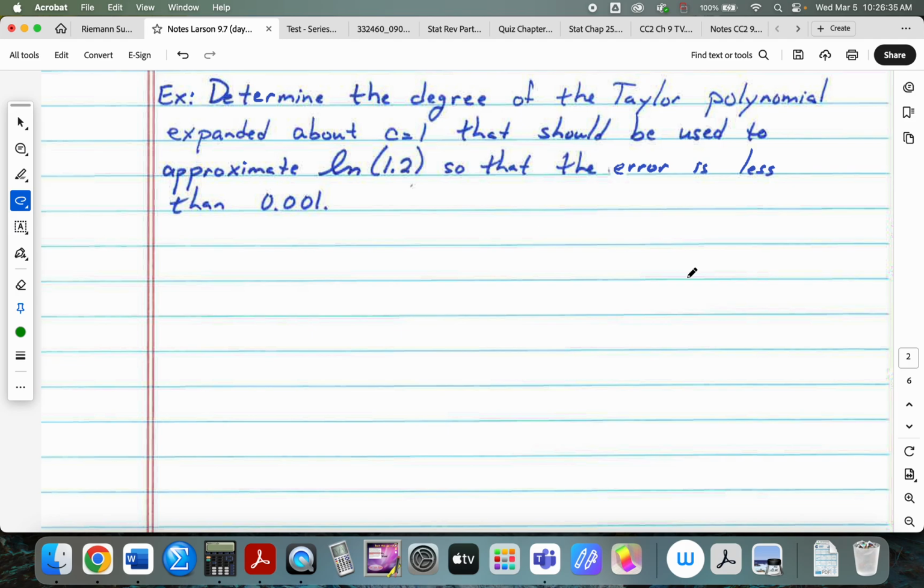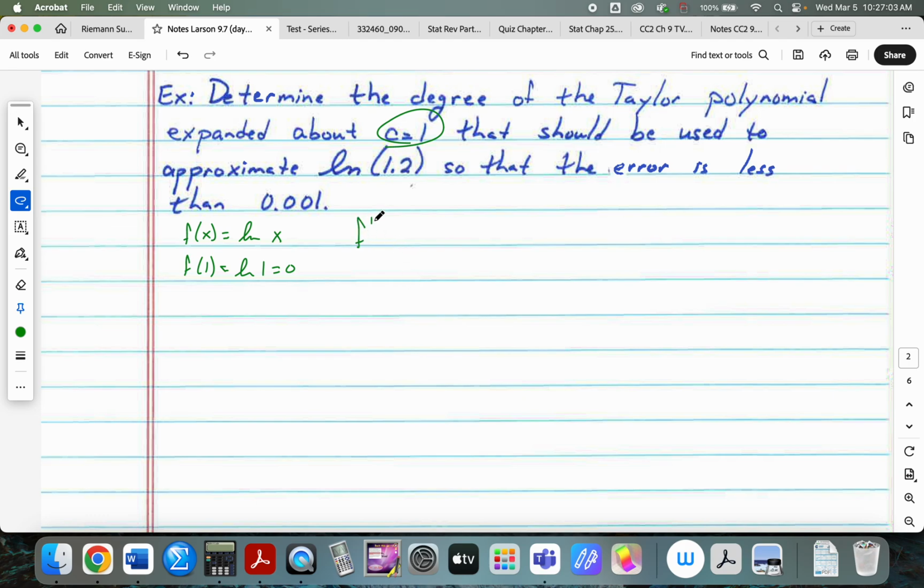So if we start looking at the Taylor polynomial for this, our function f of x is the natural log of x, and we're going to center this at c equals 1. So f of 1 is the natural log of 1, which is 0.